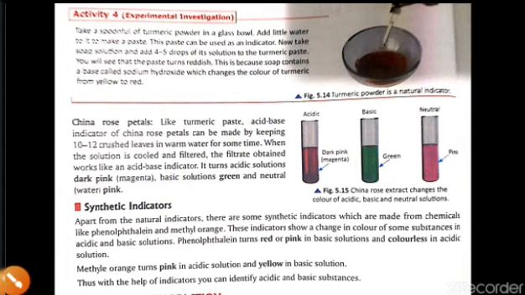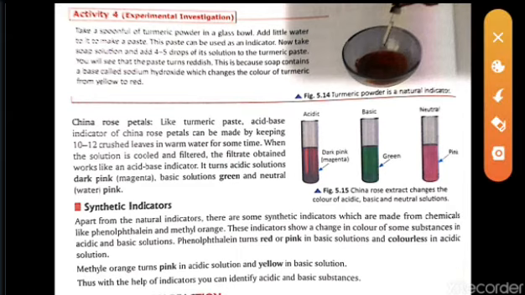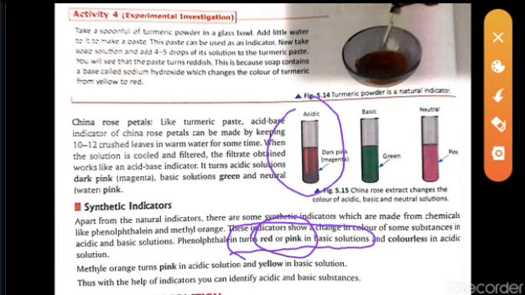There is also a property of these indicators. Phenolphthalein turns red or pink when it is dipped into a basic solution. Remember, it will turn red or pink in a base. In the synthetic indicator we get pink in the case of a basic solution, and it is colorless in an acidic solution, showing no color.